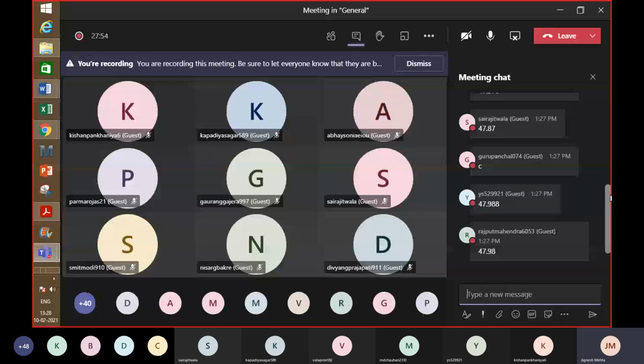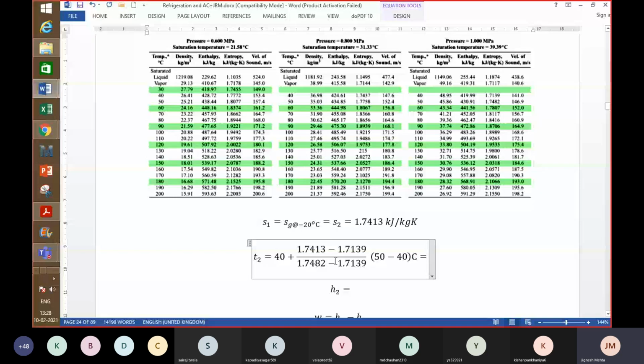So that's the temperature at the outlet of the compressor, or at state 2. So it is slightly superheated.